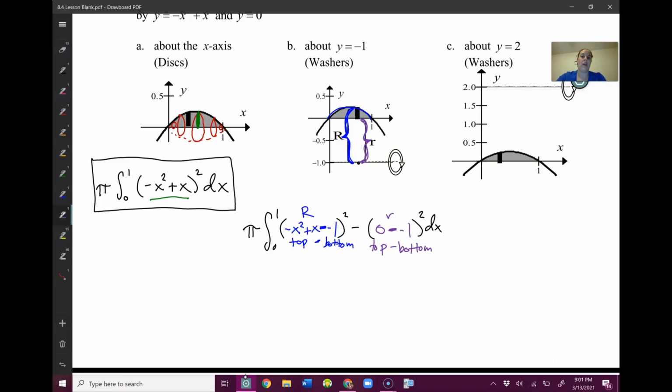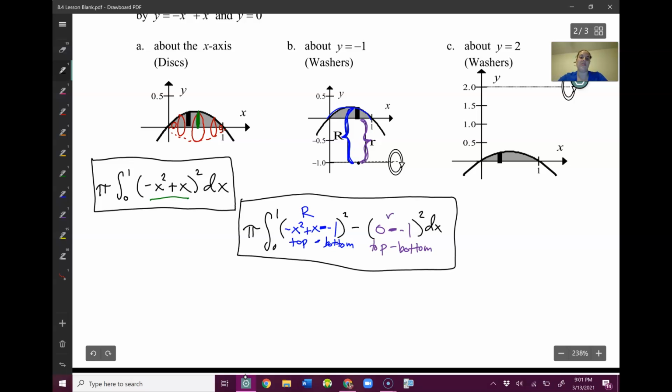So that inner radius is just 1 squared. And that is our integral. And once again, we don't need to solve it. It just asks us to set it up. And that's going to give us the volume of that donut shape, that washer shape. The big R squared minus the little r squared gives us what's left. And then we integrate it to get the volume.